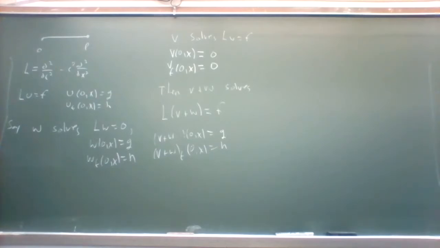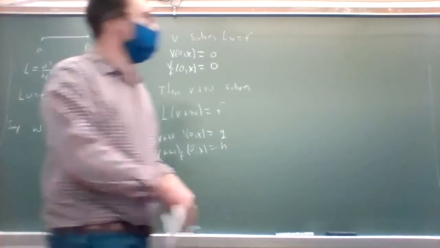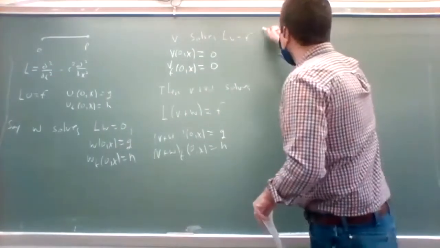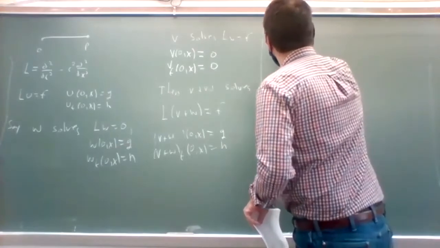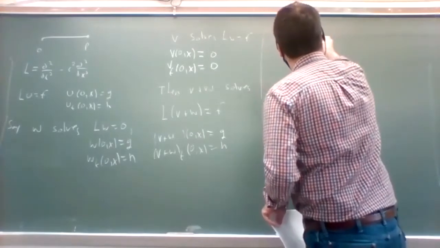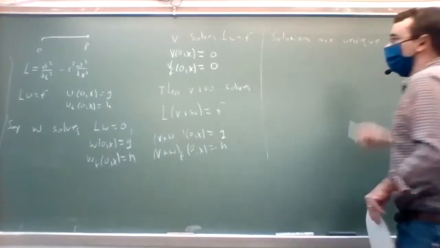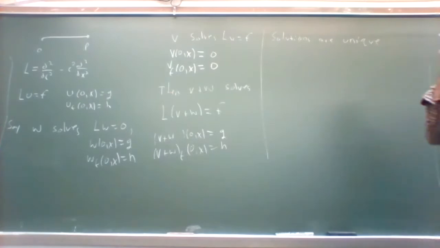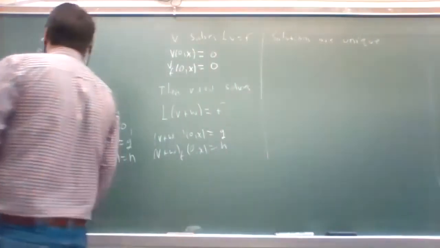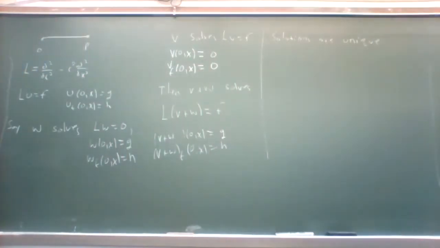That's not to say that there isn't more to the story, because this method, while it does find the solution, is... oh yeah, and by the way, these solutions are unique. What do I mean by that? I should also say that you have to include the hypotheses that we've been talking about.